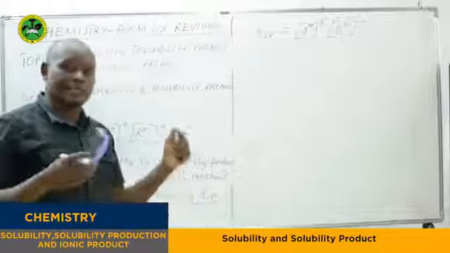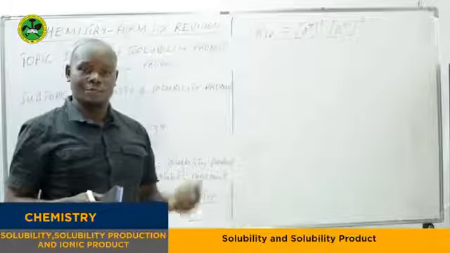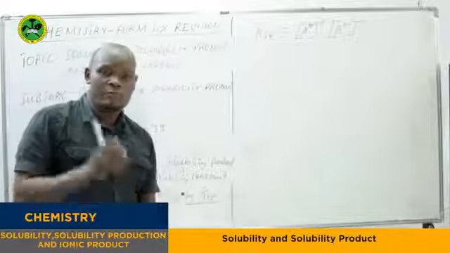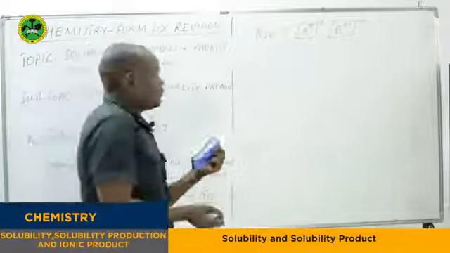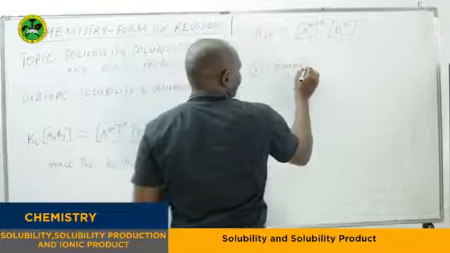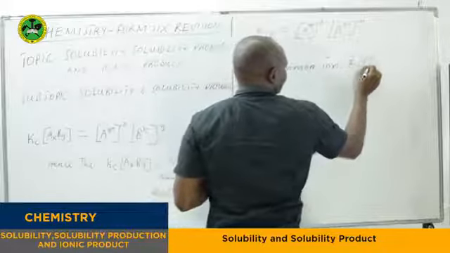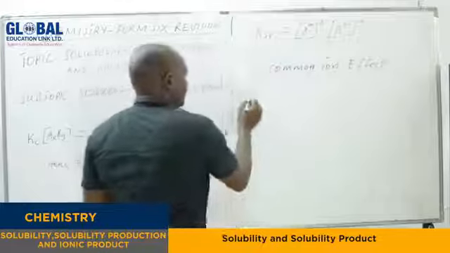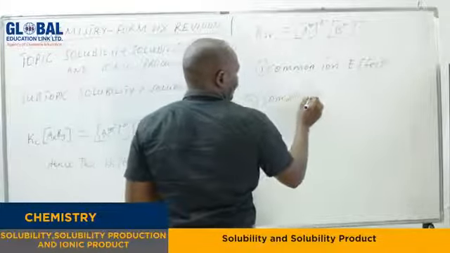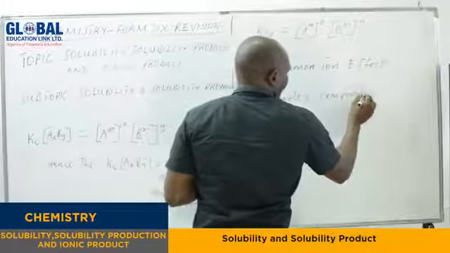Now we have different factors that affect the solubility constant or solubility of a substance. In our discussion for today, we'll only consider two main factors. These factors are the common ion effect and the complex compound formation.